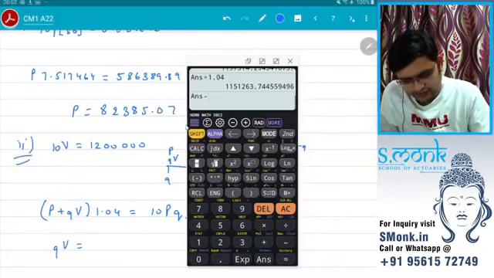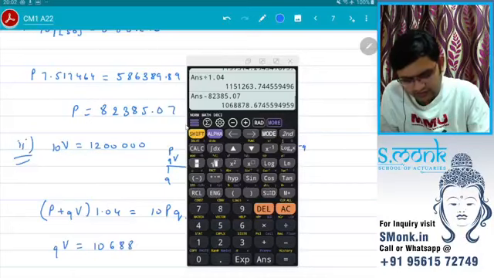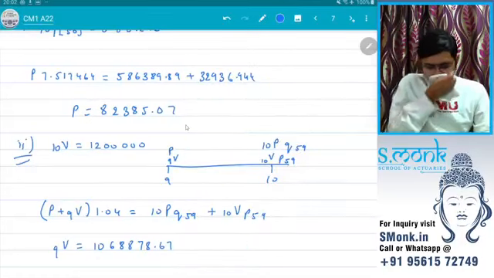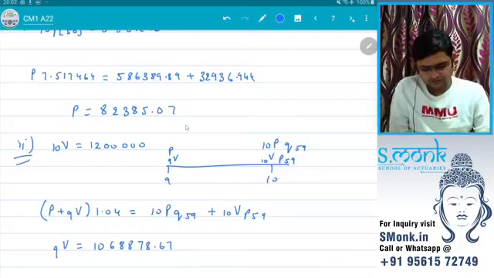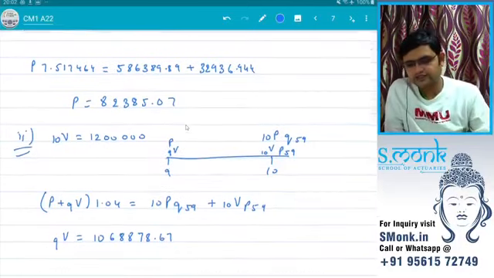Minus one premium was 8238.507. This becomes the reserve kept at time 9, by the recursive relationship.